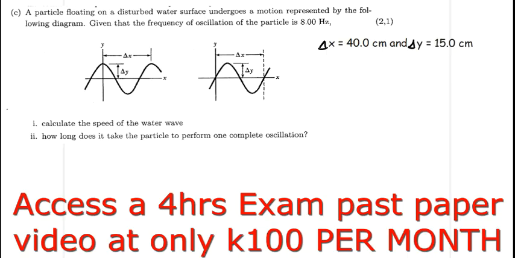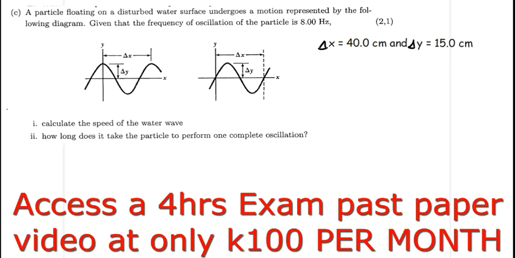The question is: a particle floating on a disturbed water surface undergoes a motion represented by the following diagram. Given that the frequency of oscillation of the particle is 8.00 hertz, that's the diagram we can see, guys. Then the first question is calculate the speed of the water wave.